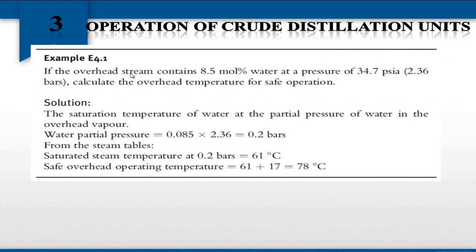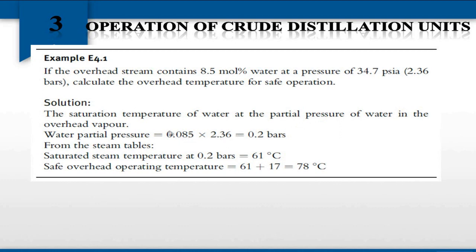In case the overhead stream contains 8.5 mole percent of water at a pressure of 34.7 psia, calculate the overhead temperature for safe operation. So what we have to do is find the saturated temperature at that pressure. What we get is 2.36 bar.